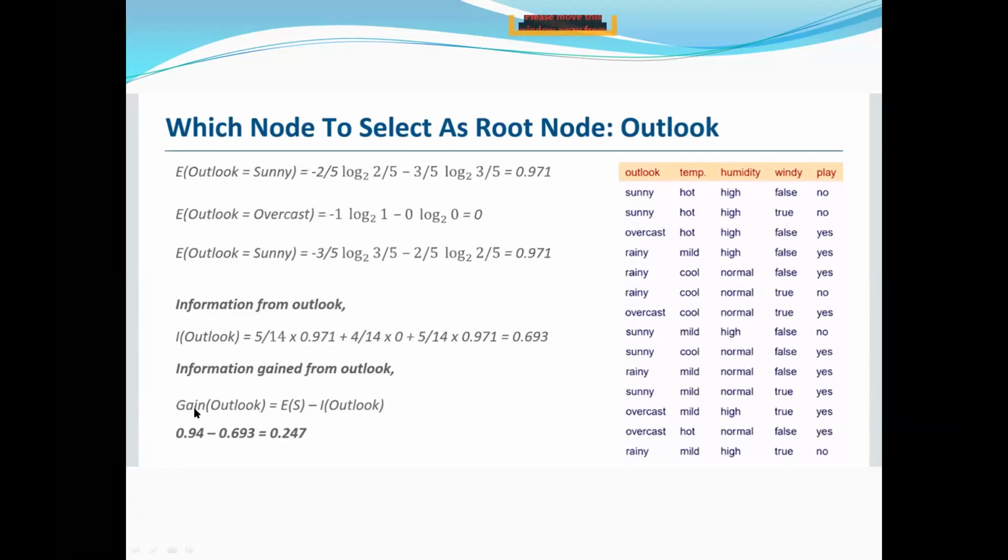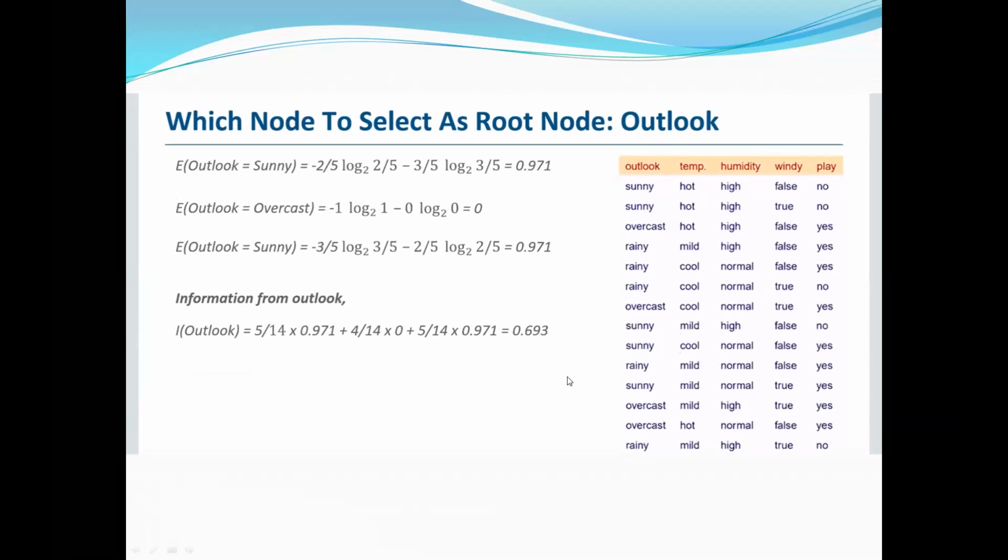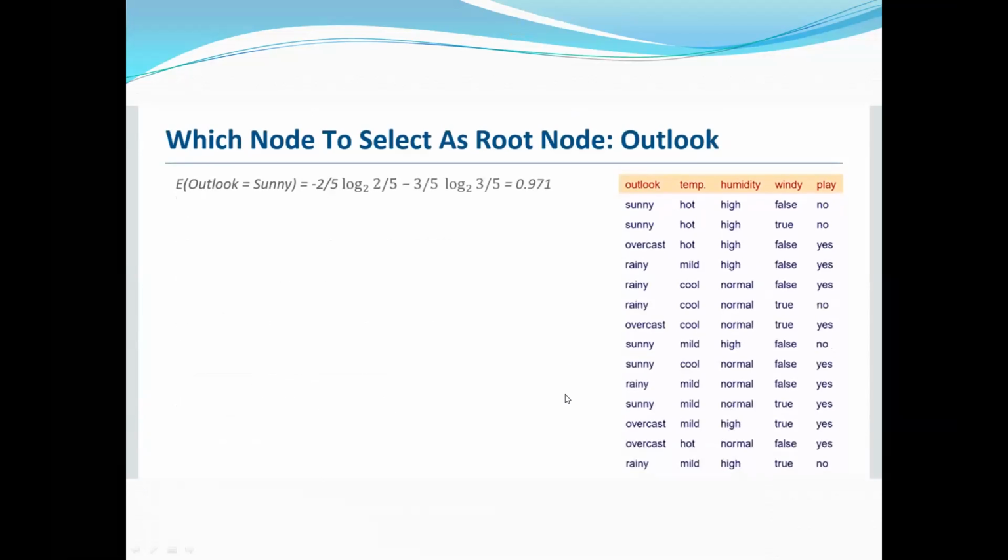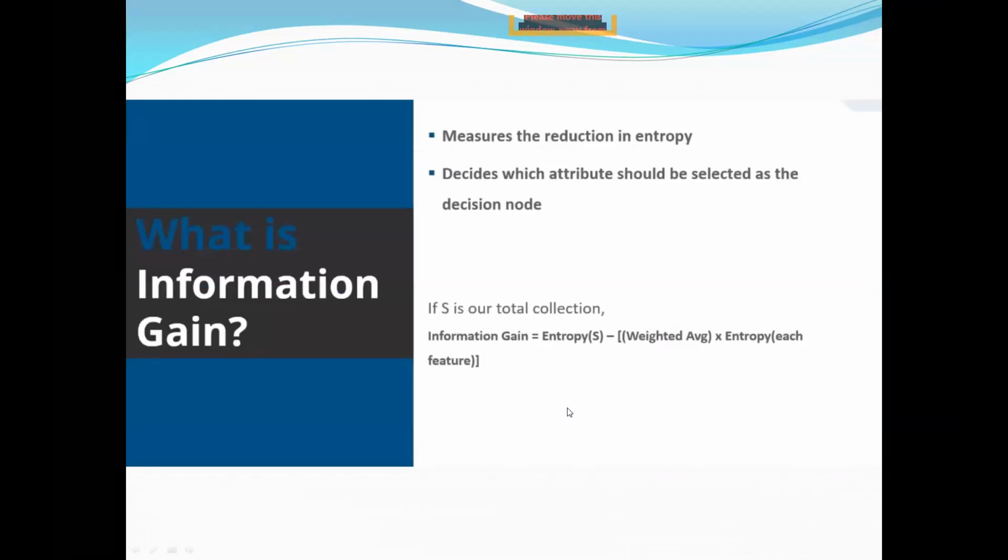So gain is equal to my total entropy, which we calculated in the first step, minus my information, which we just calculated. Just a minute, I want to show the formula once again, then it is easy for you to calculate.